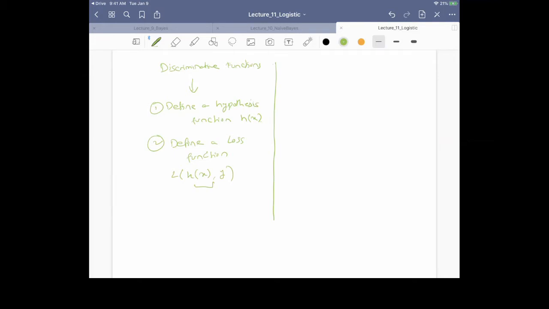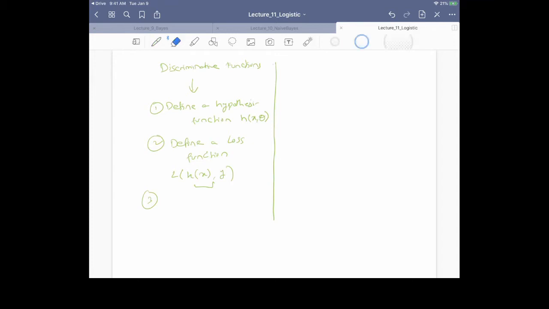And then finally, once we define the hypothesis function, this involves some parameters. The hypothesis function typically involves a certain parameterization.